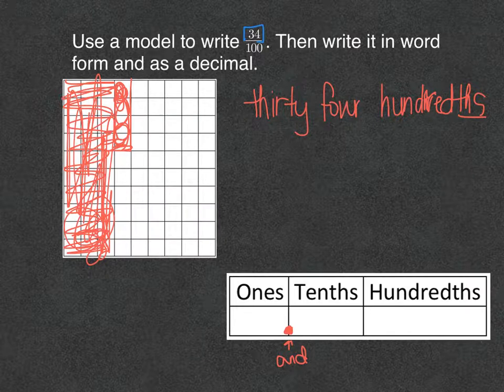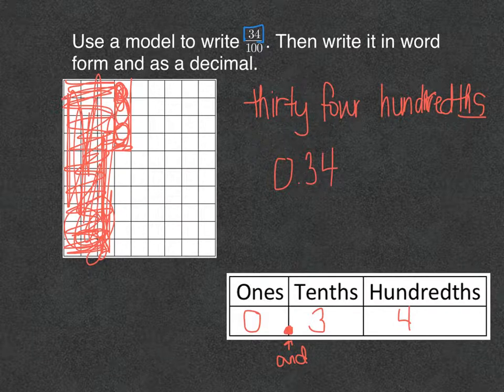Now if I'm going to write this in decimal form, I have 0 wholes. I don't have any whole chocolate bars here. I have 3 tenths, and that's what I colored in first, my 3 tenths. And then I have 4 hundredths, or I could just say 34 hundredths. Okay, so my decimal form is 0 and 34 hundredths.